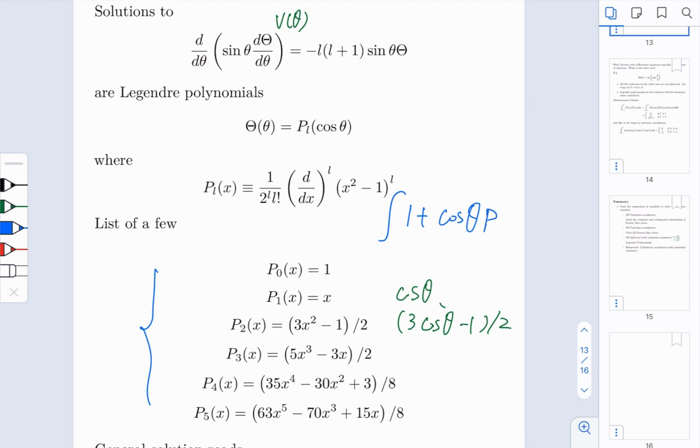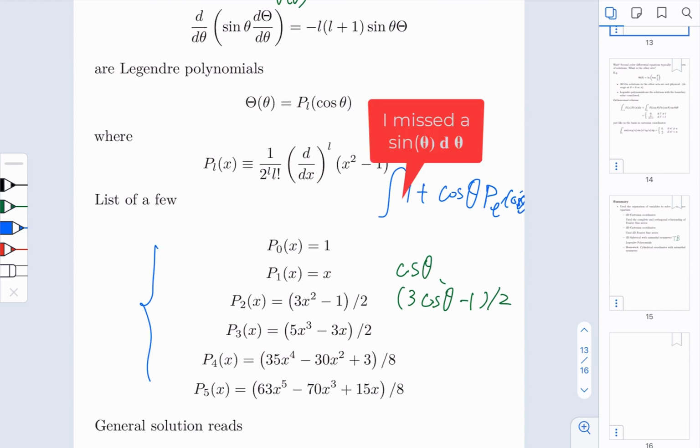And over P_L' cosine theta, for many of these L', and then that will give you eventually the overlap coefficient with P_L'. I neglected the normalization constant here.